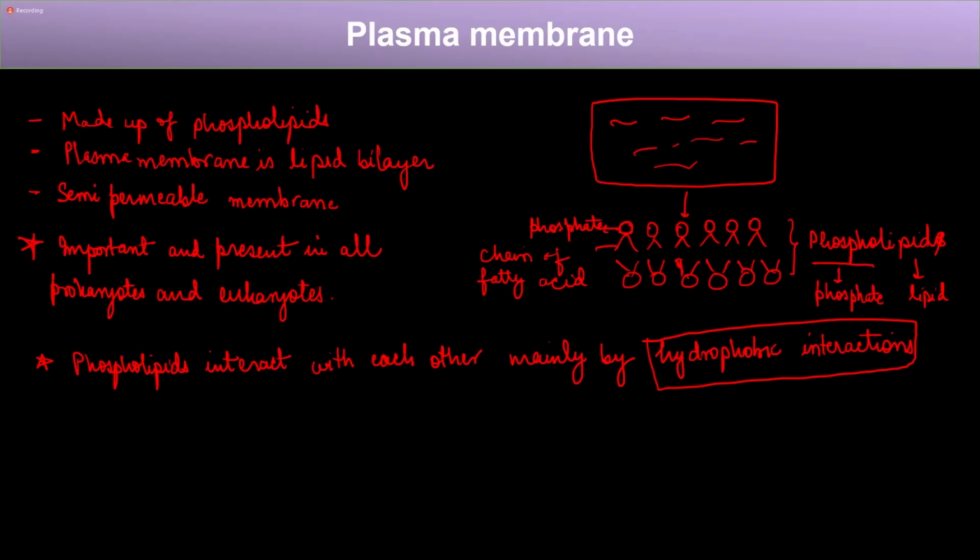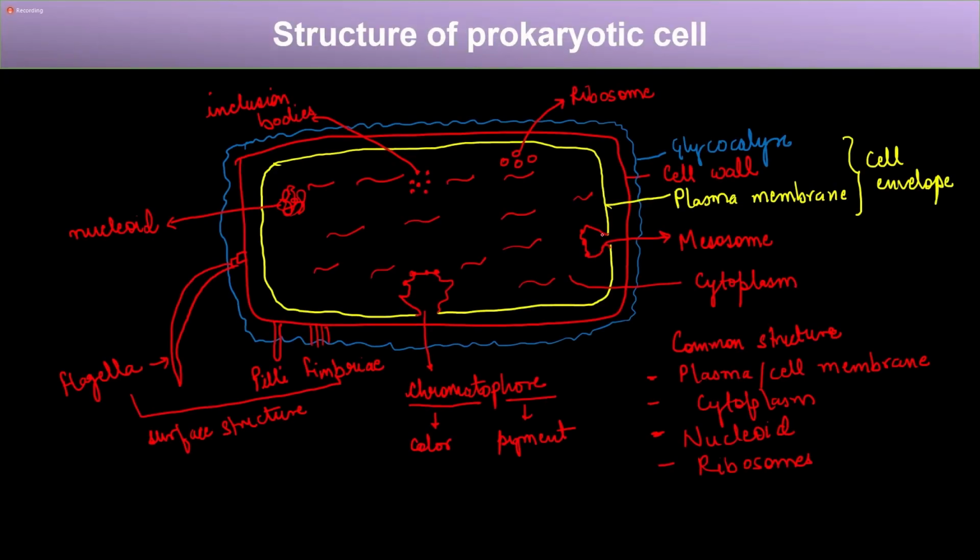Now, the next thing that we will learn today is about mesosomes. As I was drawing the structure of the prokaryotic cell, you see that the prokaryotic cell has certain infoldings. One of those infoldings is called a mesosome. What is the function of this mesosome?